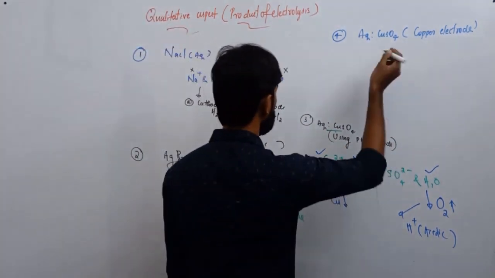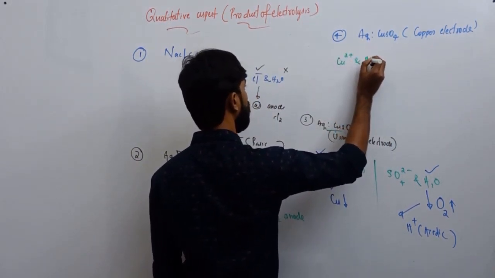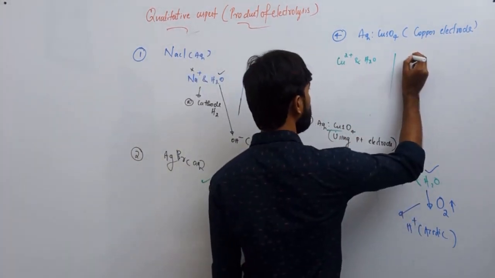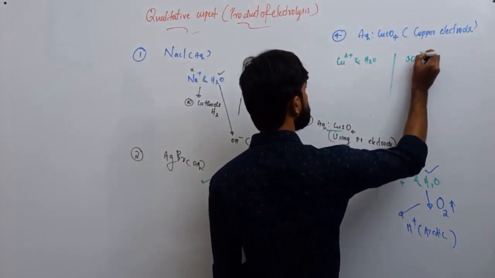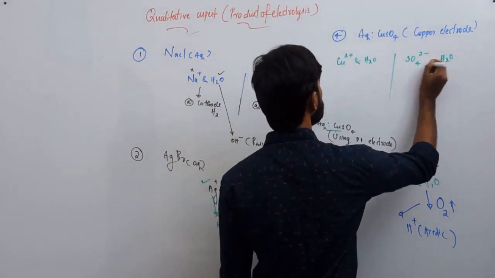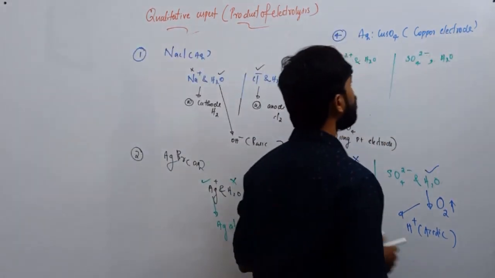Fine. So what about the reduction competition? Reduction competition is between Cu2 plus and water. But the oxidation competition is normally between SO4 2 minus and water. But one more species is there for oxidation. Which one is that? Here there is an involvement of copper.